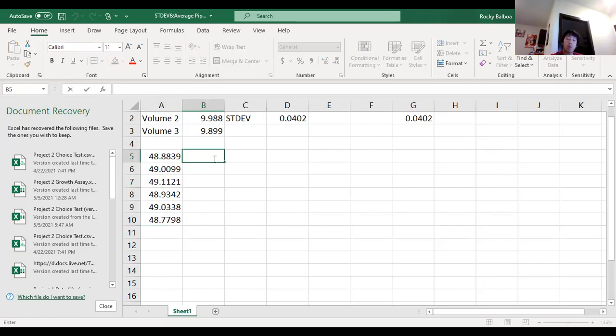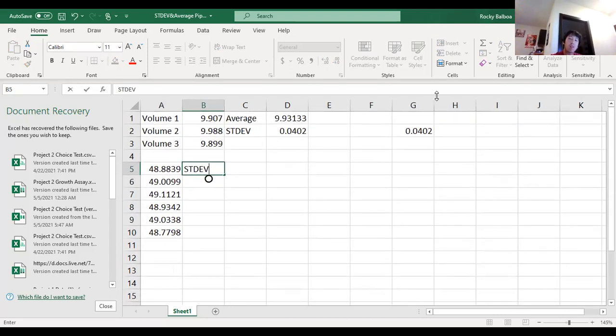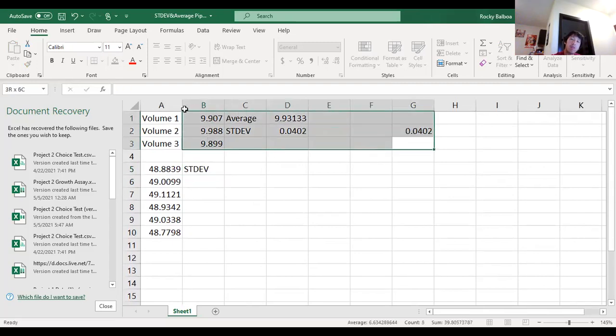Then here we can put our standard deviation. Let's go ahead and get rid of all this.